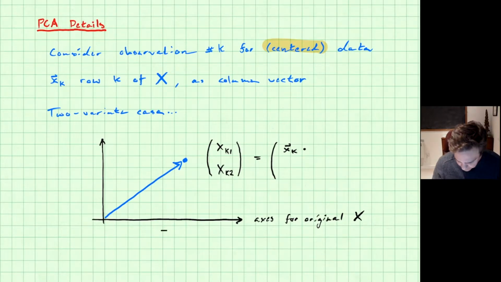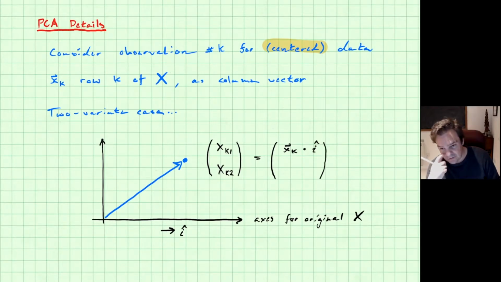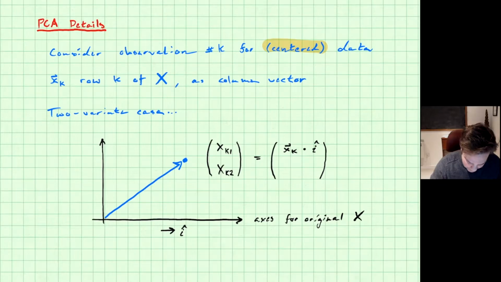I'm going to call this i hat, a common name for horizontal unit vectors. So that first number, x sub k1, is xk dotted with i hat. Similarly, we could introduce a unit vector here and call this j hat.